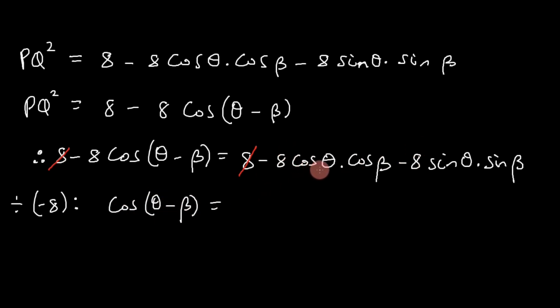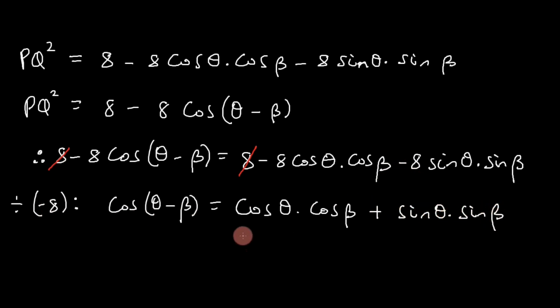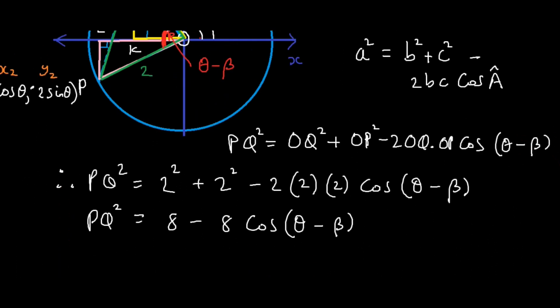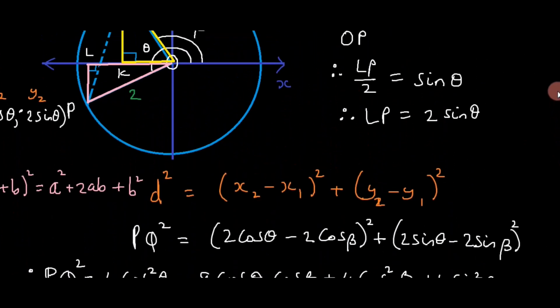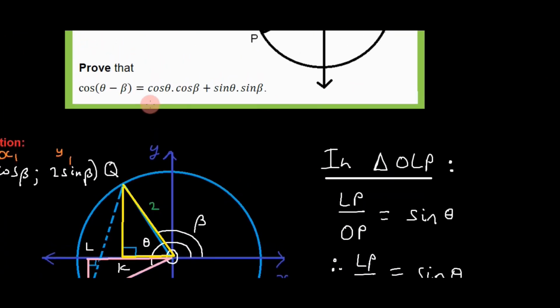So we're left with cos theta cos beta. Then we know that a minus divided by minus is a plus. So then plus sine theta sine beta. And this then completes the proof. So then we can say, therefore, the left-hand side equals the right-hand side of what we needed to prove originally, which is this over here.